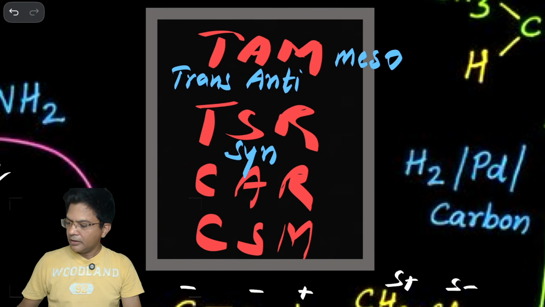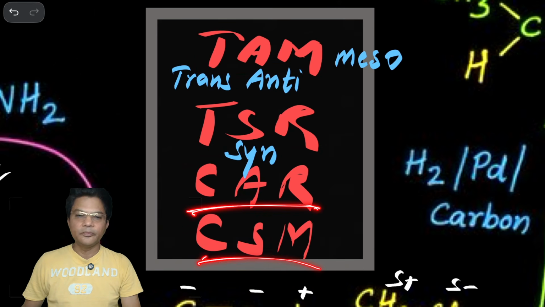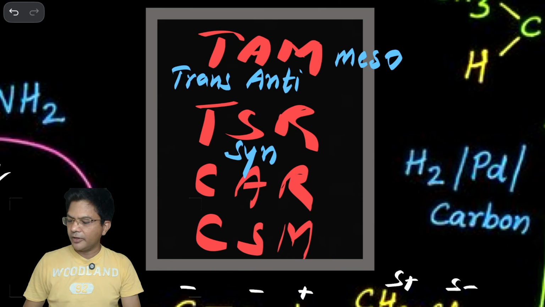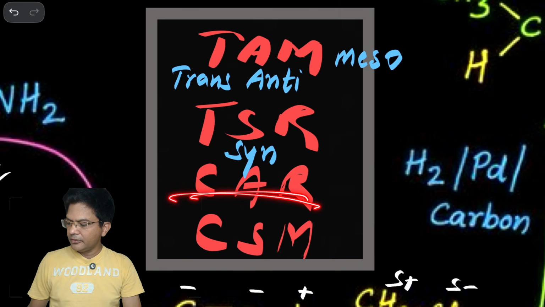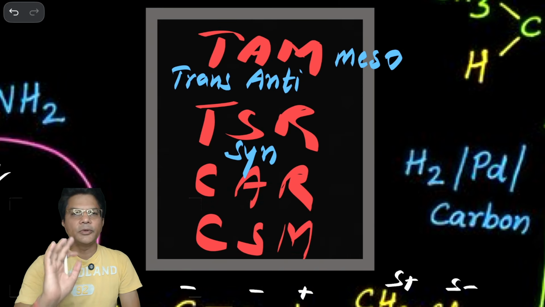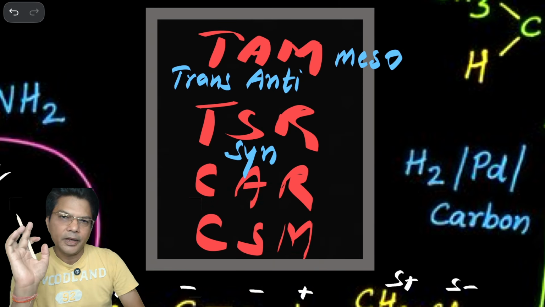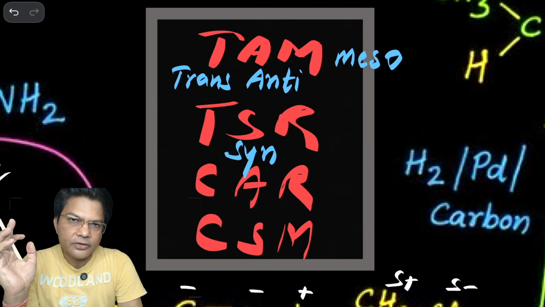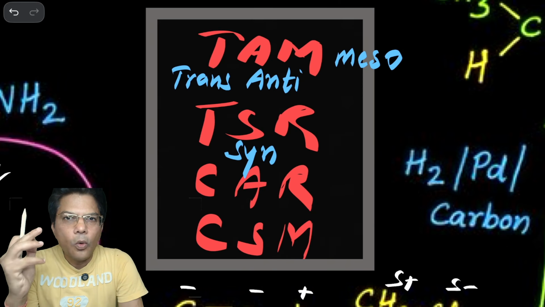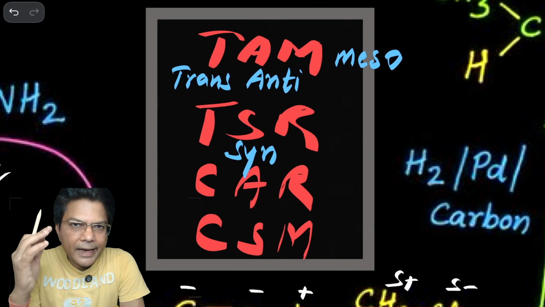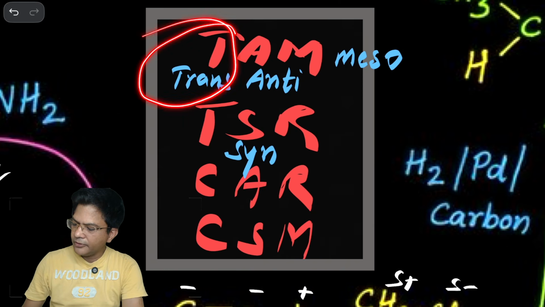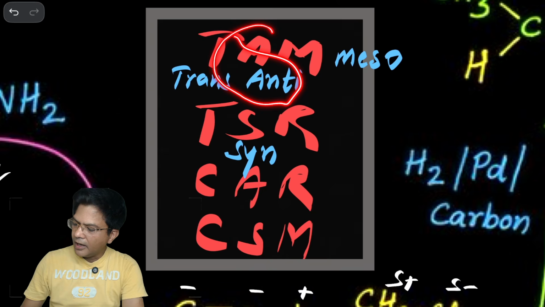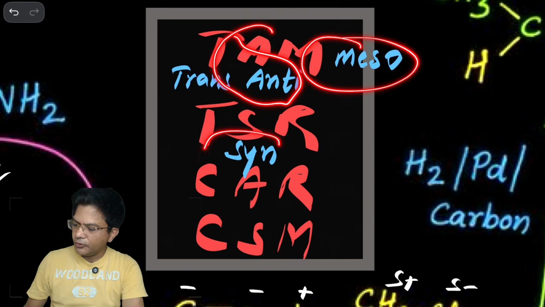Whatever the way you want to keep it in your brain, that's your choice. Remember that T stands for trans, A for anti, and M for meso, and S for syn.